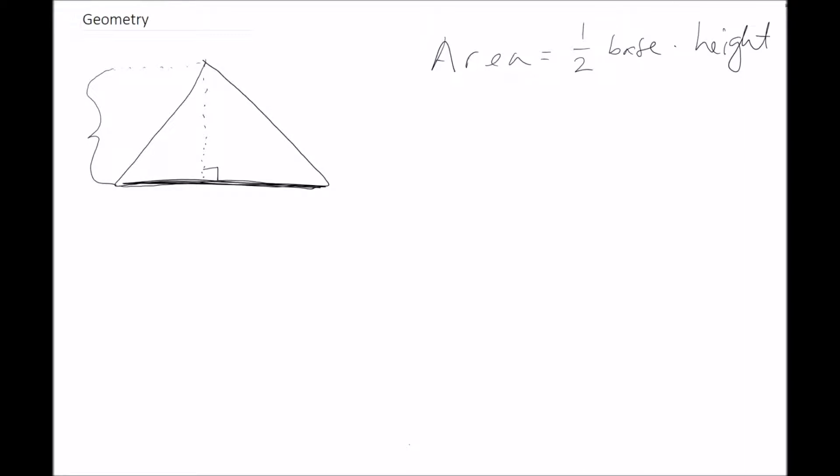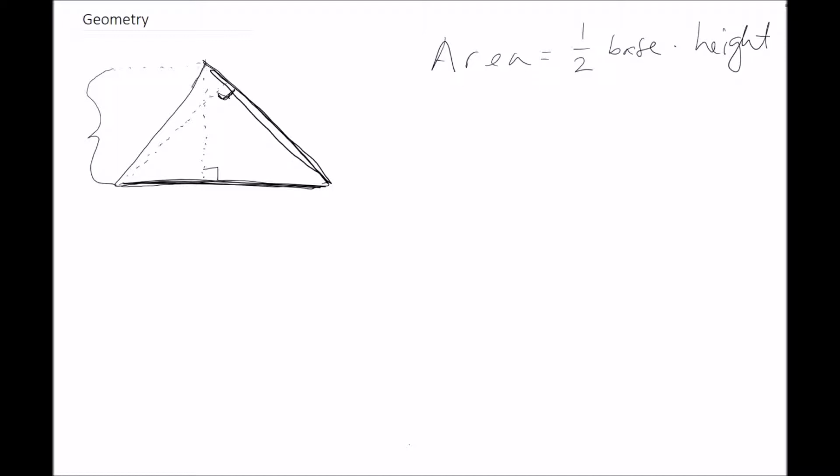Now, there are 3 different sides of the triangle, which means there are 3 different base height combinations that we could use. So, for example, on this triangle, if I wanted to use this side as my base, I would need to drop a line perpendicular to the base, and would measure the distance or the height of that line as the height of the triangle.